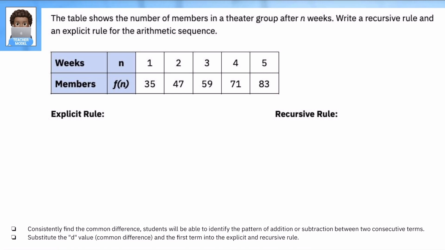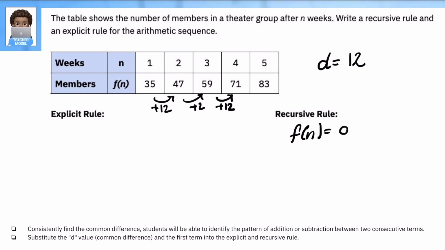Okay, let's work on the reveal, and for both we do need to know what D is equal to, and you should have noticed that it is increasing by 12. So D is equal to positive 12. So writing our rule, let's start with the recursive. The recursive, f of n, would be equal to our common difference plus our previous term.